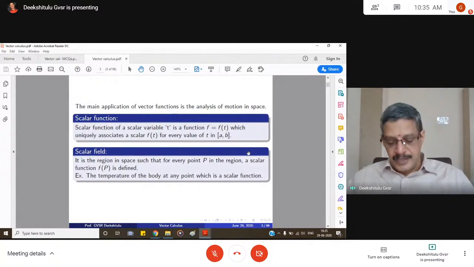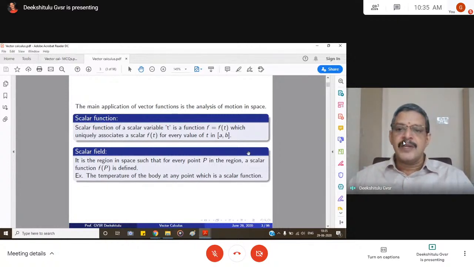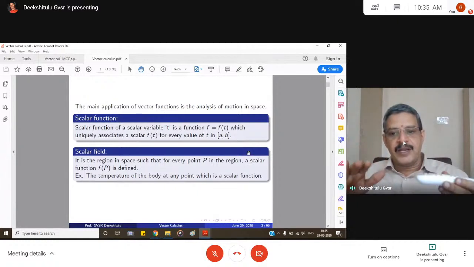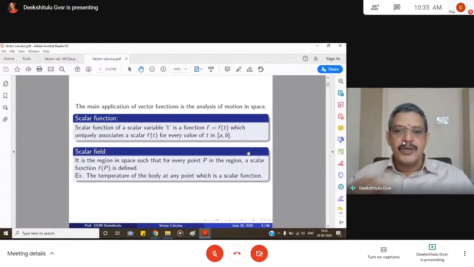It depends on spatial coordinates. Sometimes, for example, it is fully heated up and then you remove the source, and gradually the temperature comes down. Then it changes with time. So f(t) here, whether t represents time or spatial coordinates x, y, z, if you can define a scalar throughout the given field or domain of the function, then it is called a scalar.